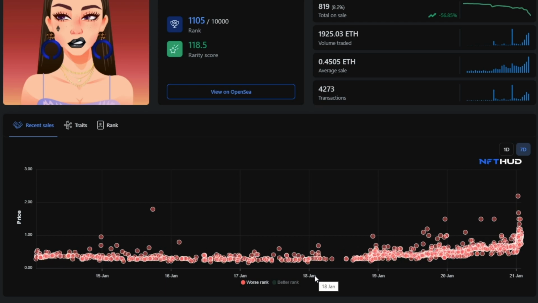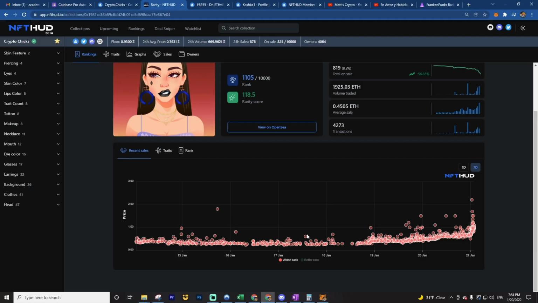So let it think for a little bit. Okay, let's say mine was around this region. But then you can see above it, there's a couple, like this one, this one, this one, this one, that were selling above 1 ETH, and they had a worse ranking. This one had a 3,000 ranking, this one had a 4,000 ranking, this one had a 9,000 ranking.